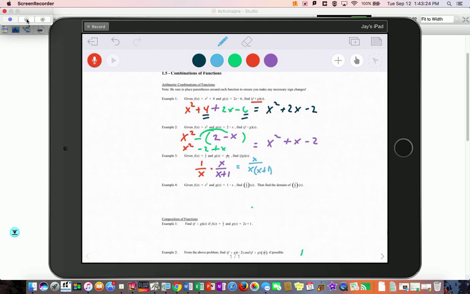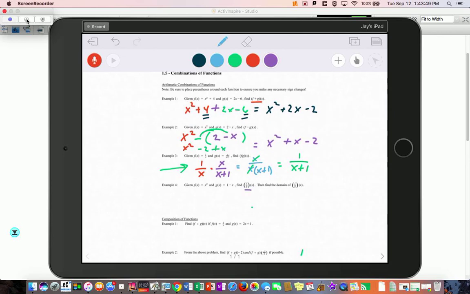I'm not going to distribute that particular x because I'm looking at the top, and I know that we can go ahead now and cross off those x's, and I'm left with 1 over x plus 1. We could have done it back here at the beginning, but I did want to show you that I was multiplying this particular problem.